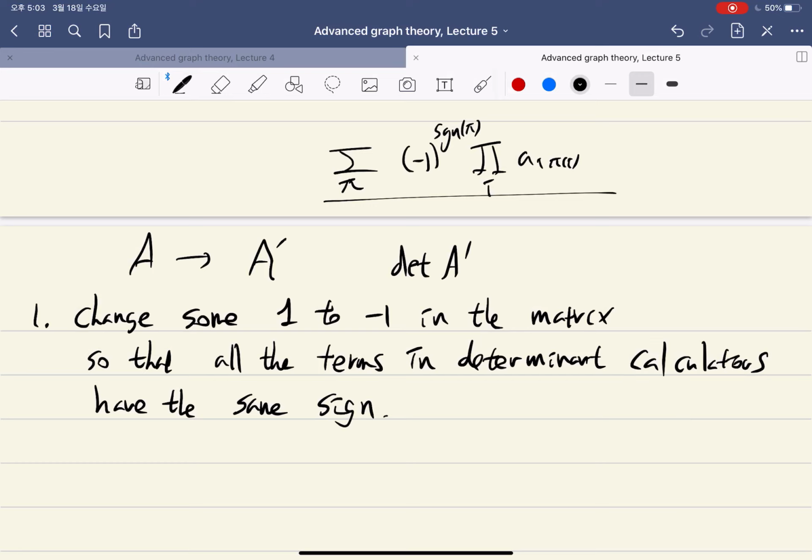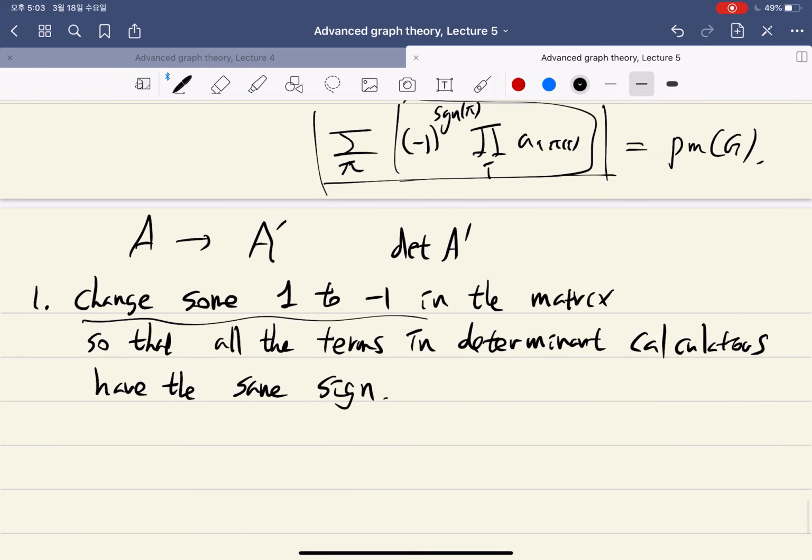And here you want to make sure that each of these terms somehow miraculously has the same sign. Then if you take the absolute value, the result is the number of perfect matchings of G. So can we do this?